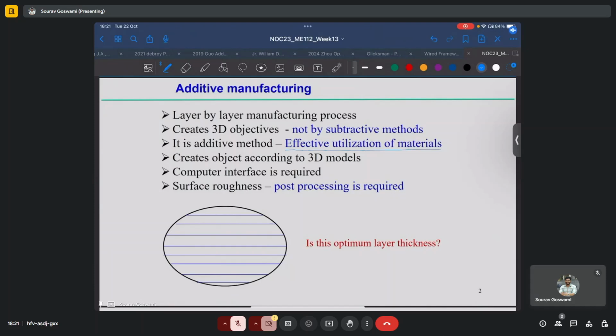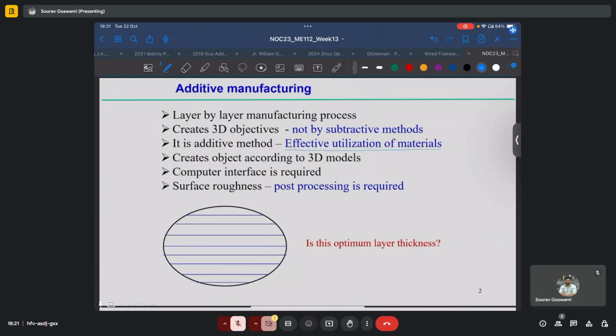A computer interface is definitely required, be it for the design of the 3D CAD model, be it for the slicing, or after slicing, whether it is for the generation of the toolpath along which our machine will deposit the material, or whether it is for passing this toolpath onto the AM machine, whether it is for, say, monitoring the process while it is happening, or for actively changing the process parameters while the process is still running.